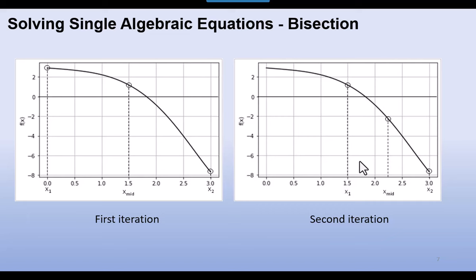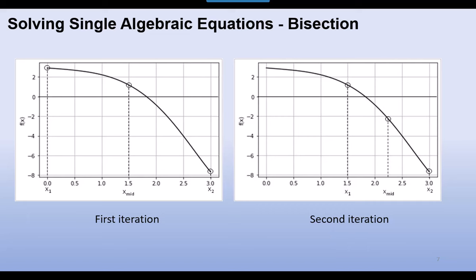And if we run 20 iterations, it is reduced by a factor of 2 to the 20th, which is a number a little bit greater than 1,000,000. So by running 20 iterations, we're guaranteed of narrowing this interval to 1/1,000,000th of its original width, and that will usually get us what we want in terms of a practical solution.